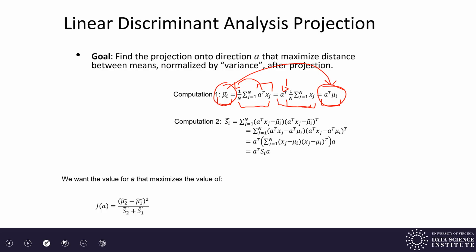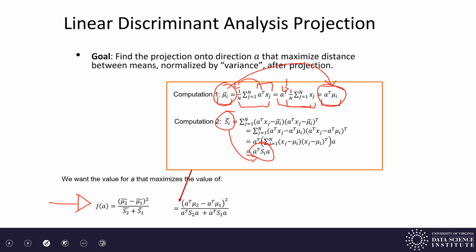Very similar thing with the scatter. This is the scatter after projection, and you can follow through those steps, but through a series of linear algebra we show that it's equal to what you get when you take A transpose times the scatter matrix times A. Using those two, if we come down here and look at J of A, we're trying to find the value of A that maximizes this.